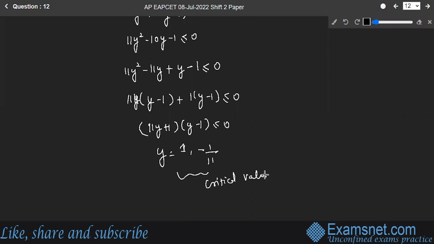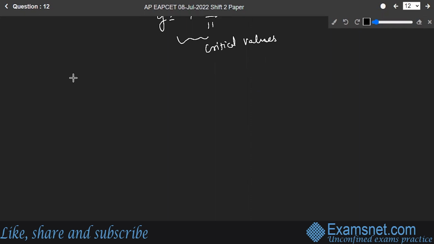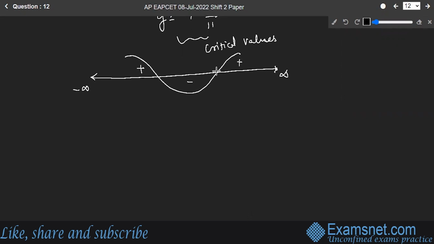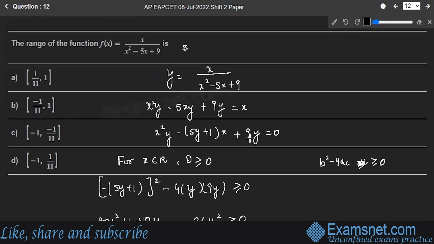Let's try and plot the graph for them. Here's the graph, with plus, minus, plus signs, and over here you are having 1. This point may represent minus 1 upon 11. Therefore, y belongs to the interval minus 1 by 11 to 1. Let's check. Option B stands to be the correct answer for the problem.